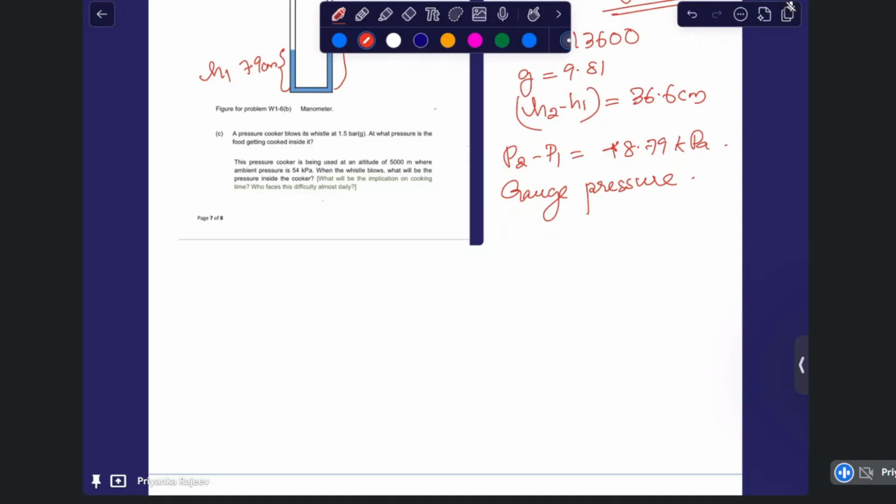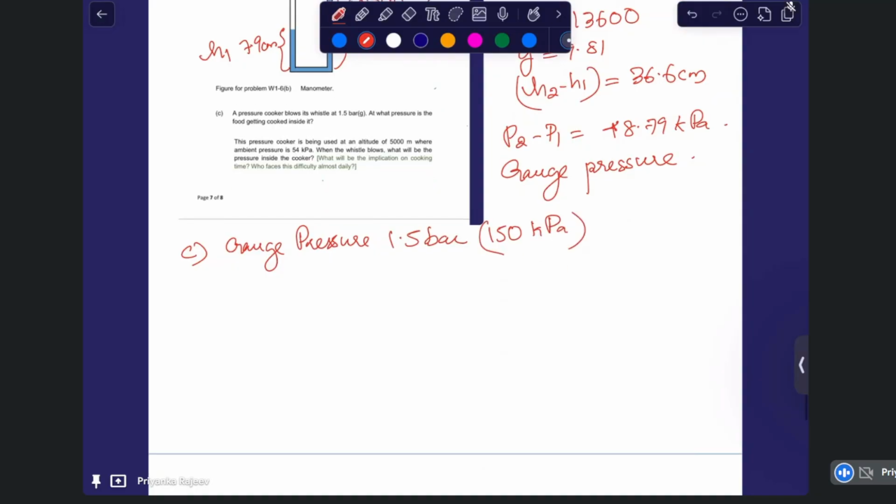Okay, first up, 1.5 bar is gauge pressure, because it is the measured pressure inside the cooker. So that is 1.5 bar or 150 kilopascal.